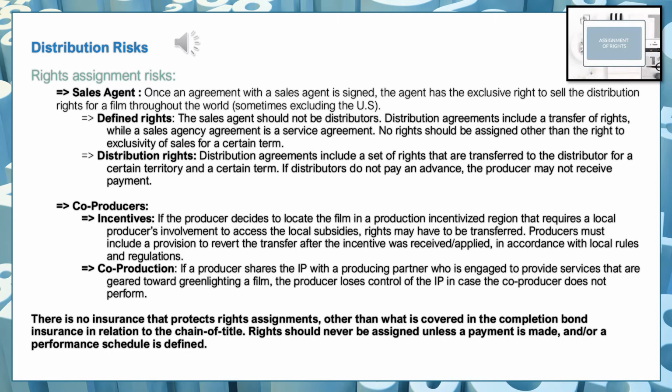There are certain rules and regulations you need to know about in regards to where the incentive is coming from. Not every country will allow the assignment back to you, so you should really be careful when you do incentives agreements in other countries, and really watch the incentive regulations closely to make sure you're not losing your IP.